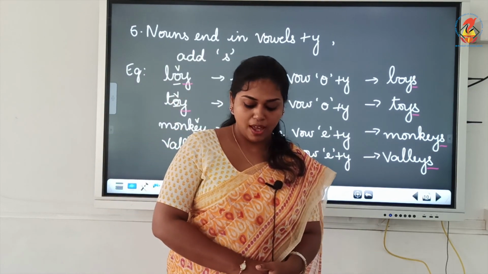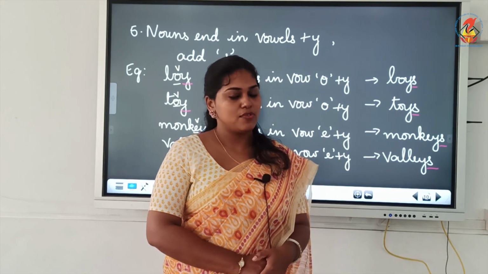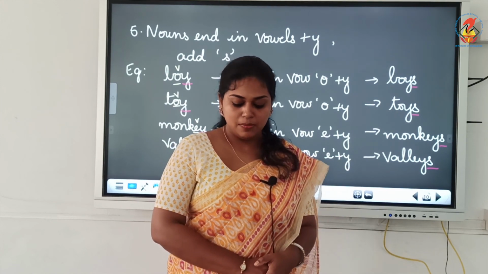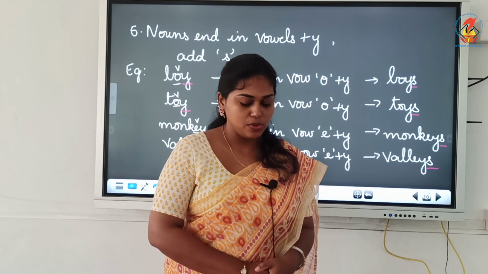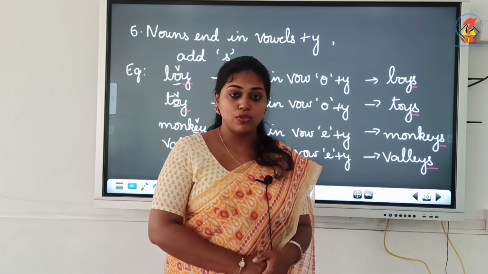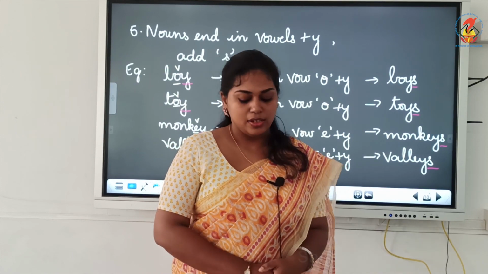I hope you have understood this topic, children. Please keep in mind that you have to learn the exceptions. Please remember the exceptions whenever you think about this rule, okay. When you are asked to write the plural form, remember all these exceptions as well along with your rule, okay. Thank you.